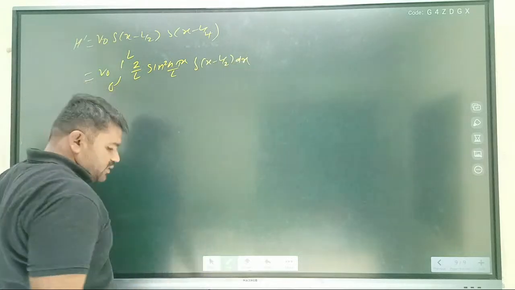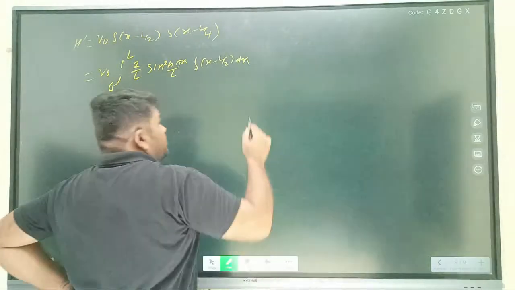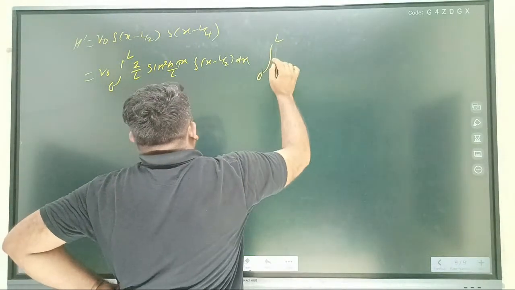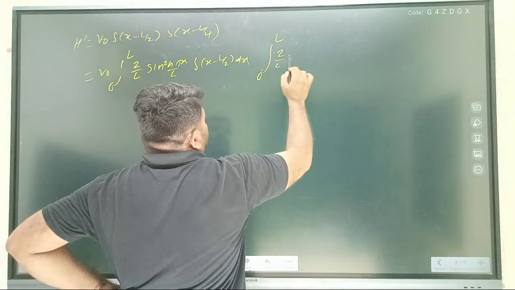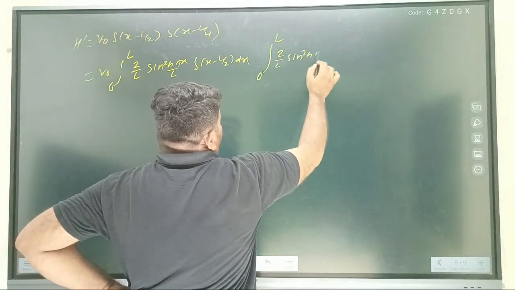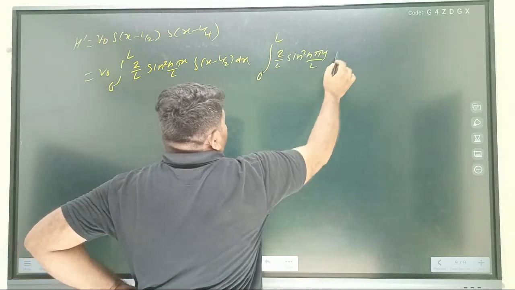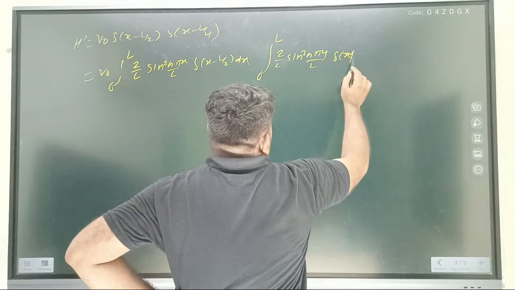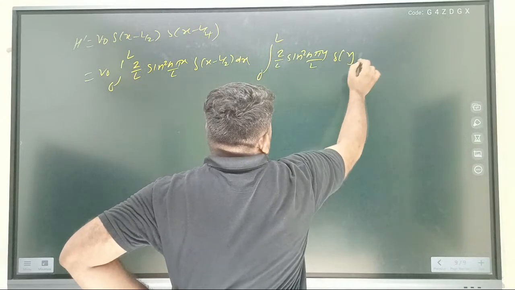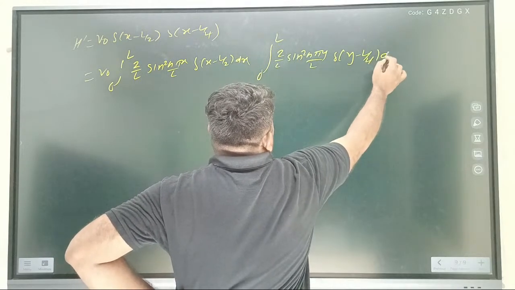The first integration is done. And what is the second integration? 0 to L, 2 upon L into sin square n pi y upon L into delta y minus L by 4 into dy.